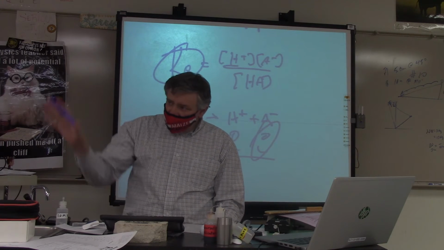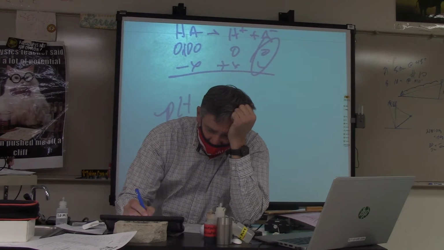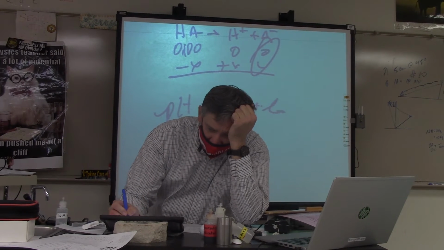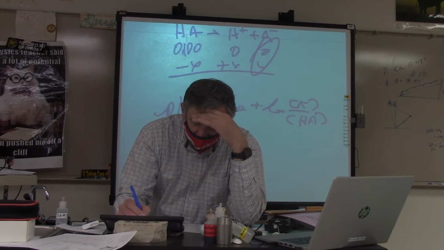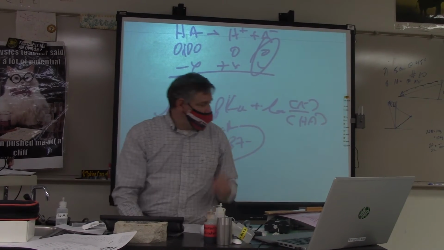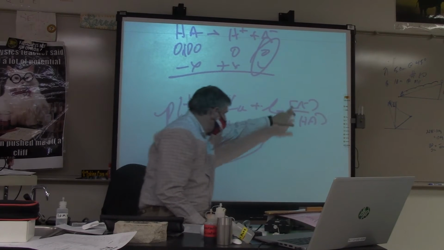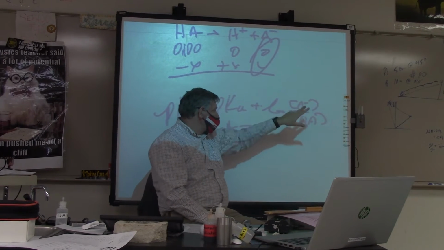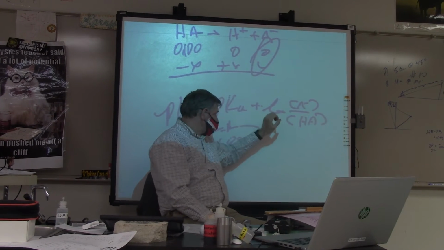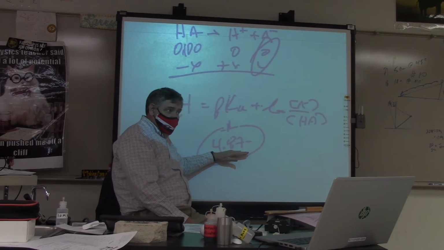Now, here's the bigger idea. If you look at that Henderson-Hasselbalch equation, pH equals pKa plus the log of your anions over your HA. So the pKa of acetic acid is 4.87. The only way that you can end up with a pH of 6 is if the concentration of your anions is bigger than the concentration of the acid, because that makes the log positive, and you add that to 4.87.